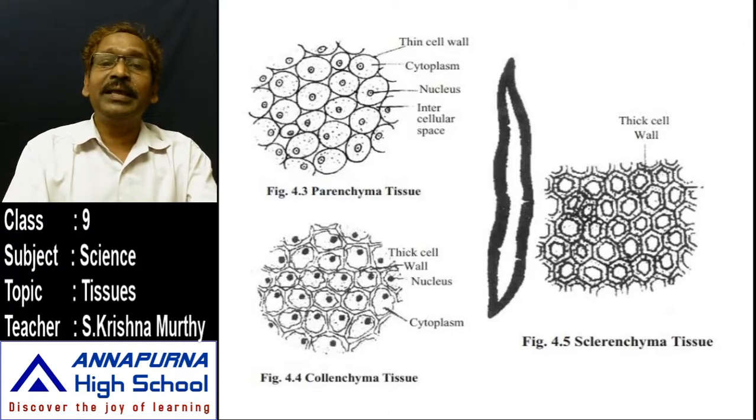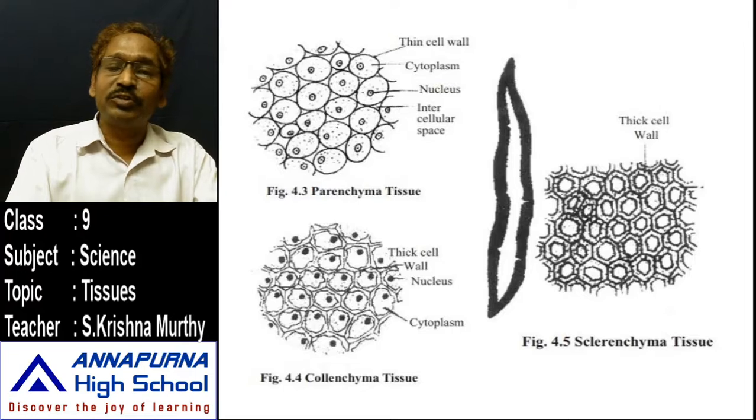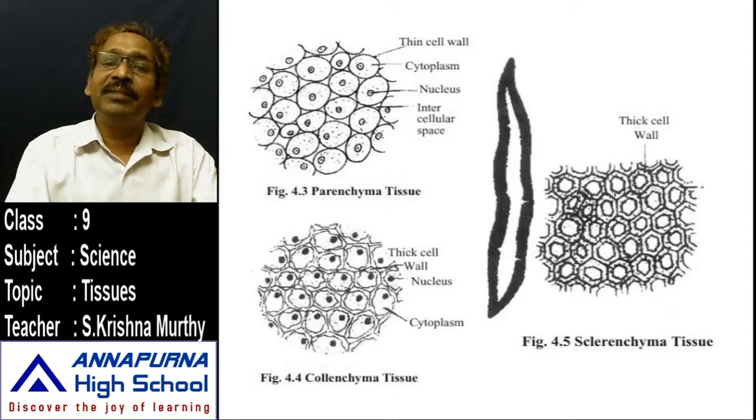The food prepared along with the collenchyma is stored in different parts of the parenchyma tissues. So what is the major function of the collenchyma tissue? The collenchyma tissues give support and also manufacture sugars or starch and other material.